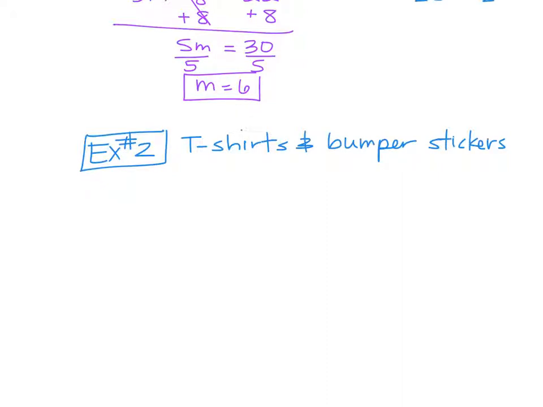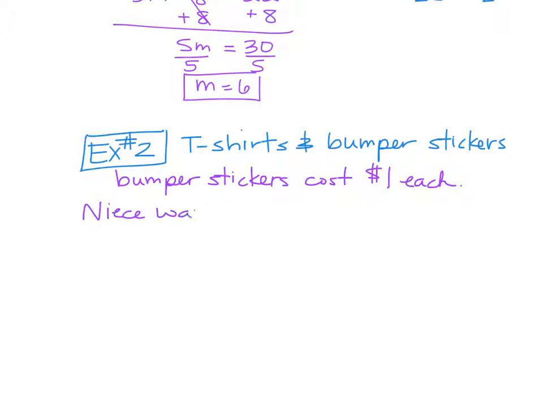Okay, so Martha is buying t-shirts and bumper stickers for her niece and nephew. We know for girls and boys. Her bumper stickers cost $1 each. Her niece wants one shirt and 4 bumper stickers.